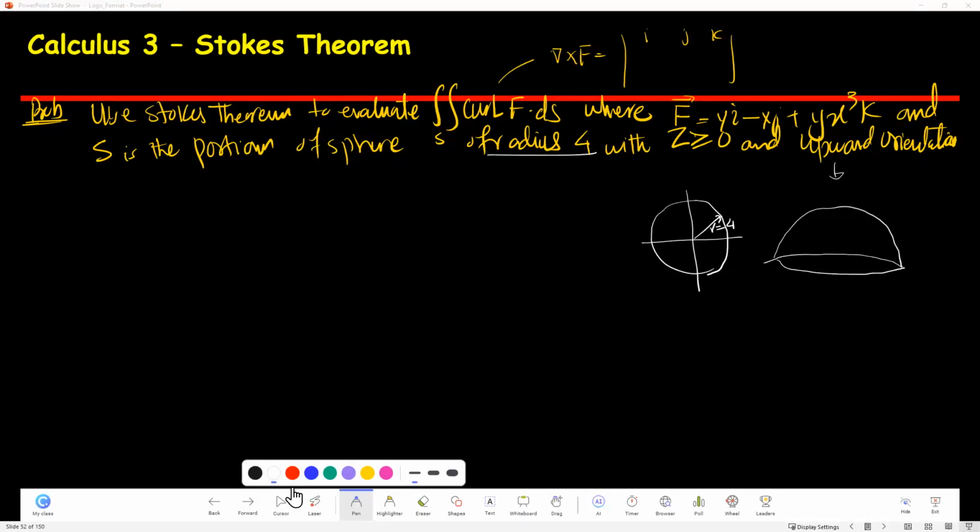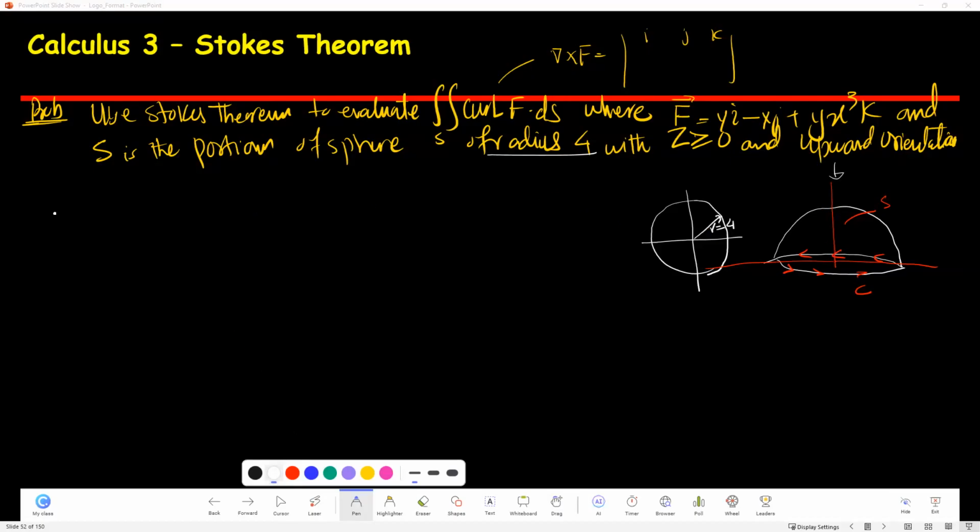Now in this case I need this S. This is my curve and that is my S. The curve is going to go this way, and the upward orientation is this one.